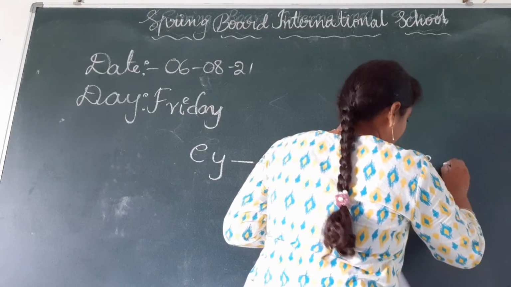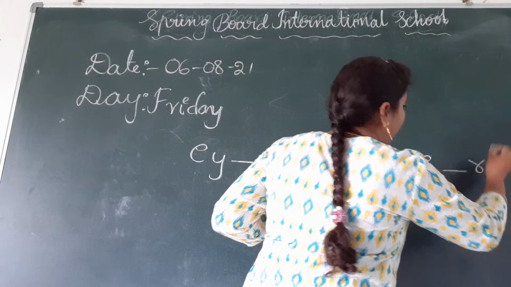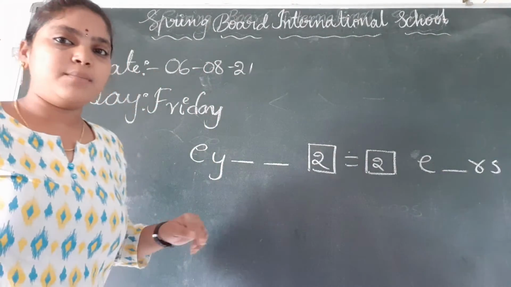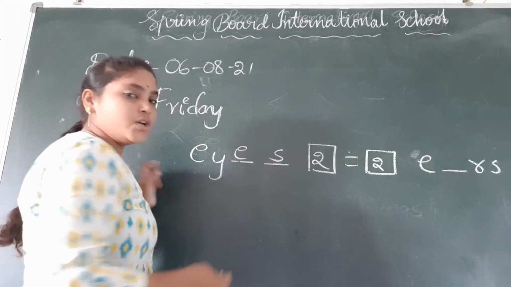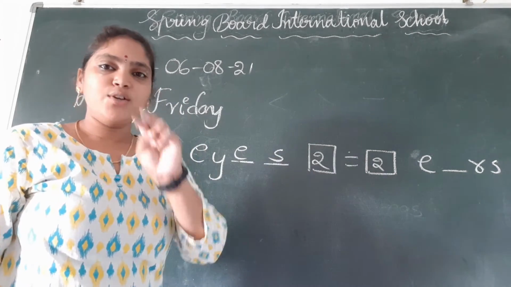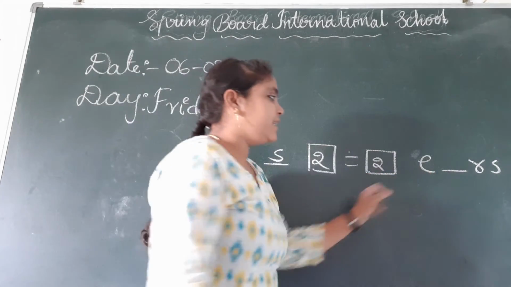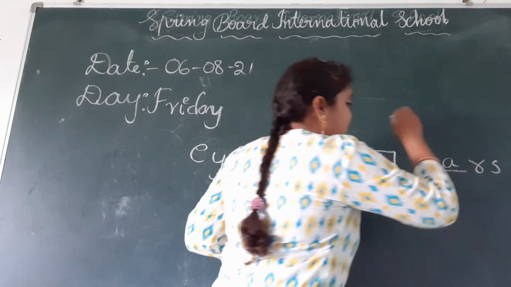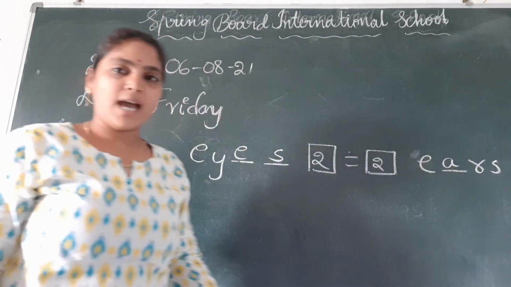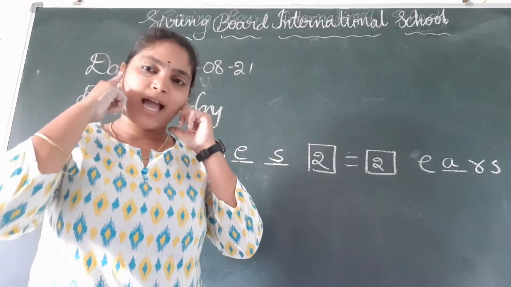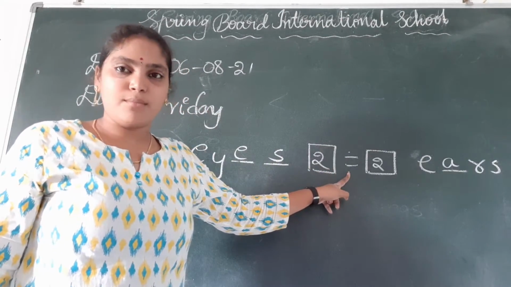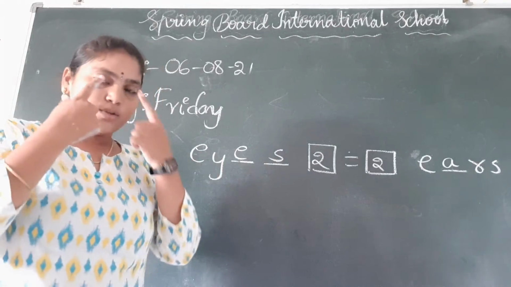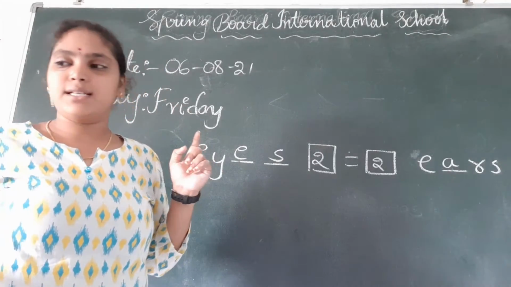And here it is given E dash R and S. Complete the missing letters, children. E, Y, E, S. Eyes. So how many eyes do we have? 2 eyes. And ears, here A is missing. E-A-R-S. We have 2 eyes and 2 ears. So that's why here we place the equal to symbol. Both are the same now. 2 eyes and 2 ears.